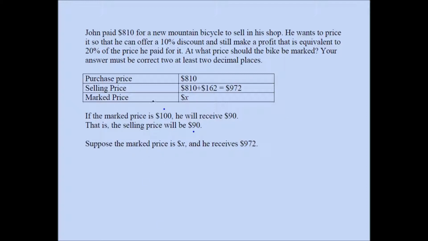Now, my mark price on my table is X dollars, and the selling price is $972. So I can set up a proportion fairly conveniently.